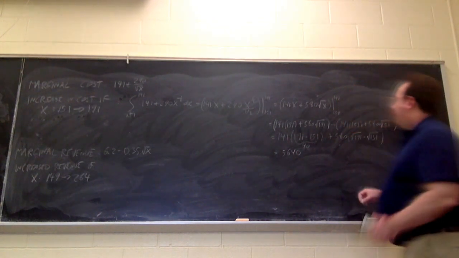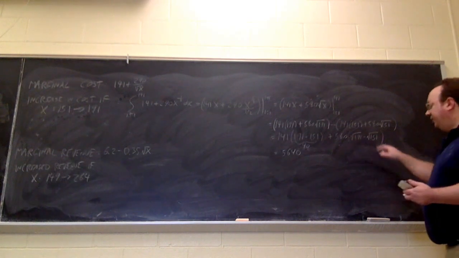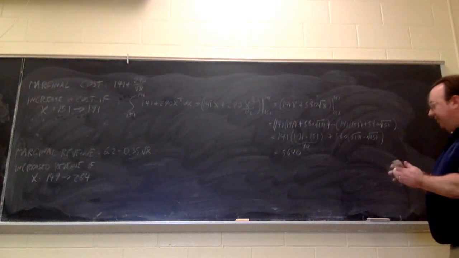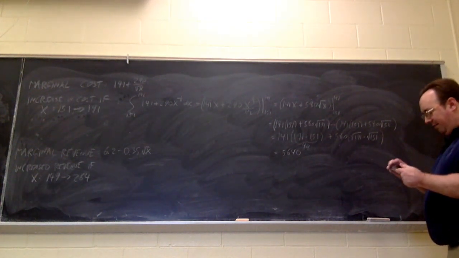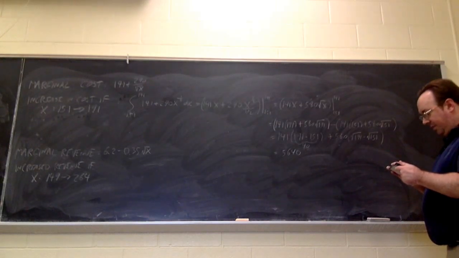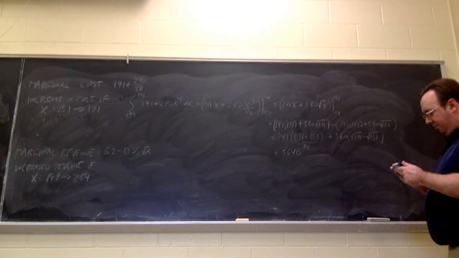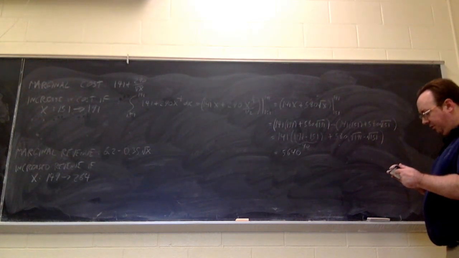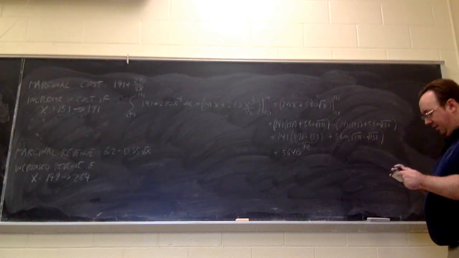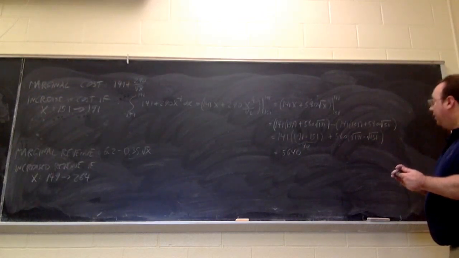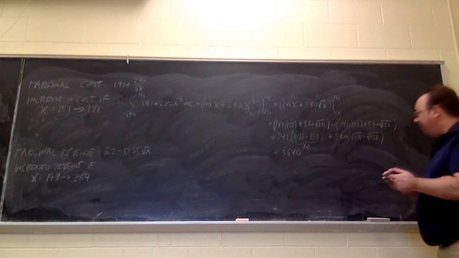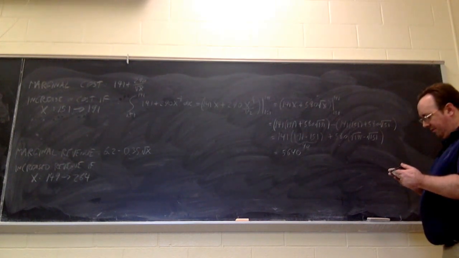Okay, and then I just need to handle this part. No getting around a calculator on this one. So I have the square root of 191 minus the square root of 151, which is only 1.53 something, times 580.